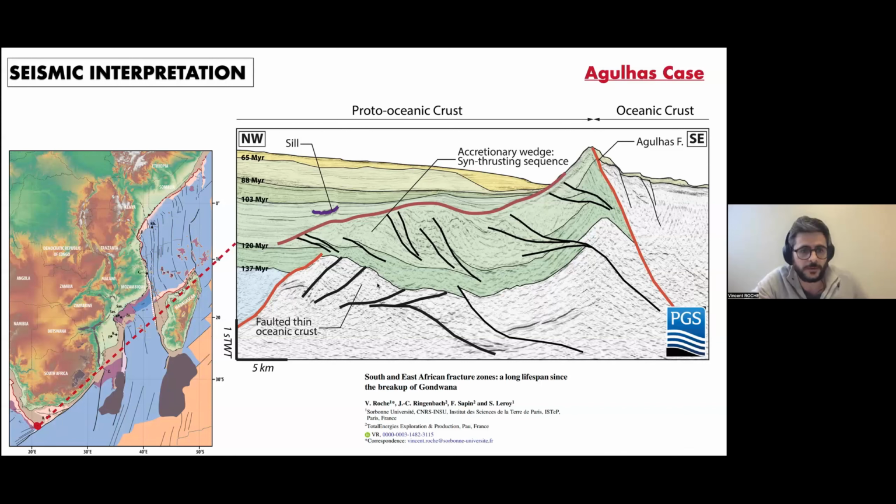You can see that there is again, like the Davie Ridge, a big inversion with a lot of thrusts. There are also some folds within the sediments, so there is clearly an accretionary ridge during the activity of the transform. And there is not a lot of magmatism if we compare to the area of the Limpopo.